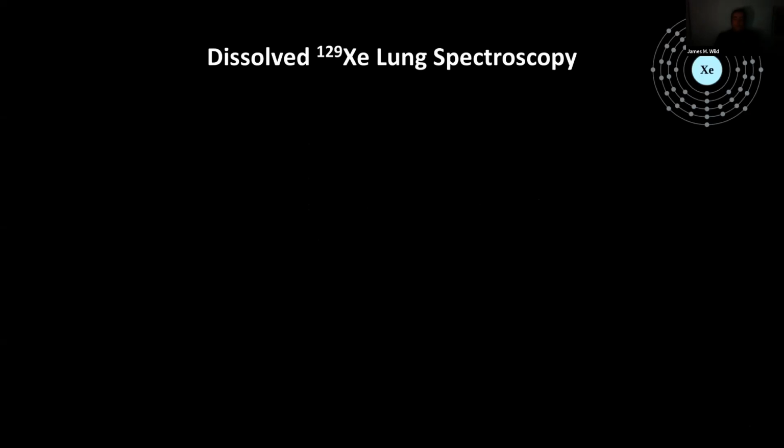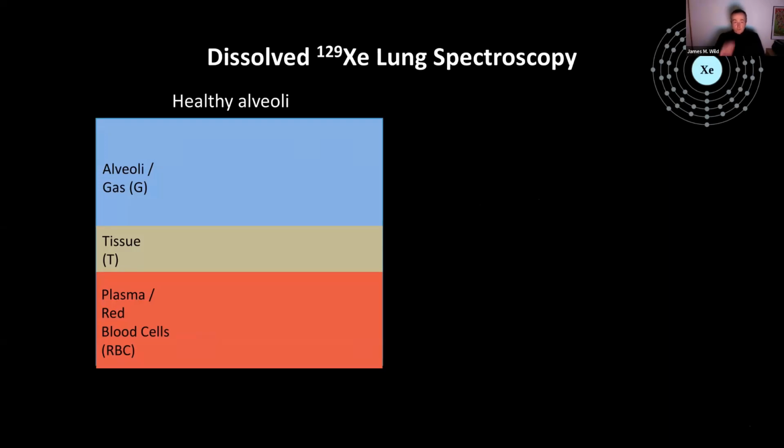Moving on now to the soluble properties of xenon. I mentioned that the resonant frequency of xenon changes as a result of its environment. So here we've got a one-dimensional cartoon of the alveolus. In a healthy lung, we've got a thin interstitium, a healthily ventilated airspace, and a well-perfused capillary bed.